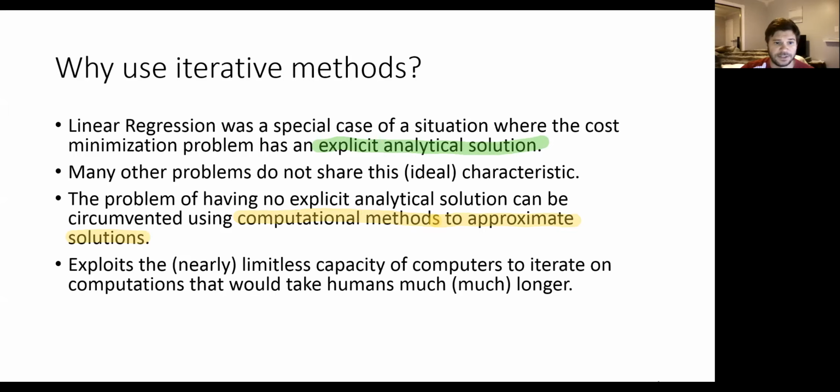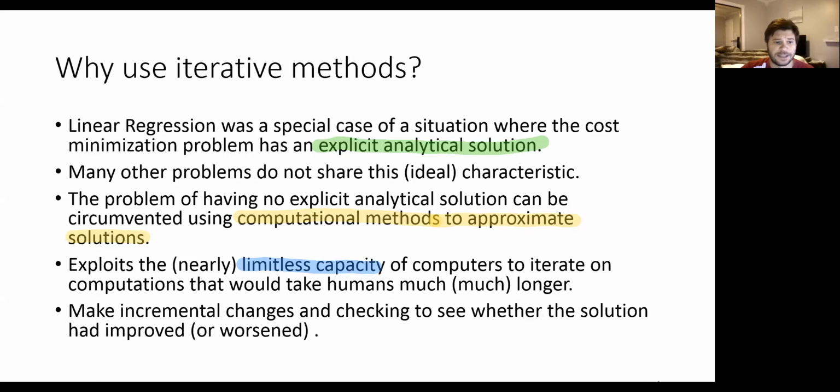In analytics, the big benefit of understanding analytics is that we know when to hand off the heavy lifting to the computer, because the computer has essentially limitless capacity for iterative computations, not really limitless, but compared to humans, the computer can process much more information in a way shorter amount of time than we can, in a way where the computer is able to do things like make incremental changes and check to see whether or not a solution has improved or worsened, right?